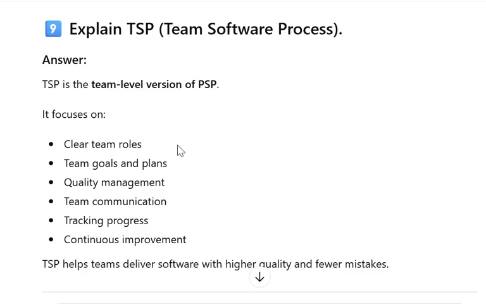Explain TSP, team software process. TSP is a team-level version of PSP. It focuses on clear team roles, team goals and plans, and quality management.